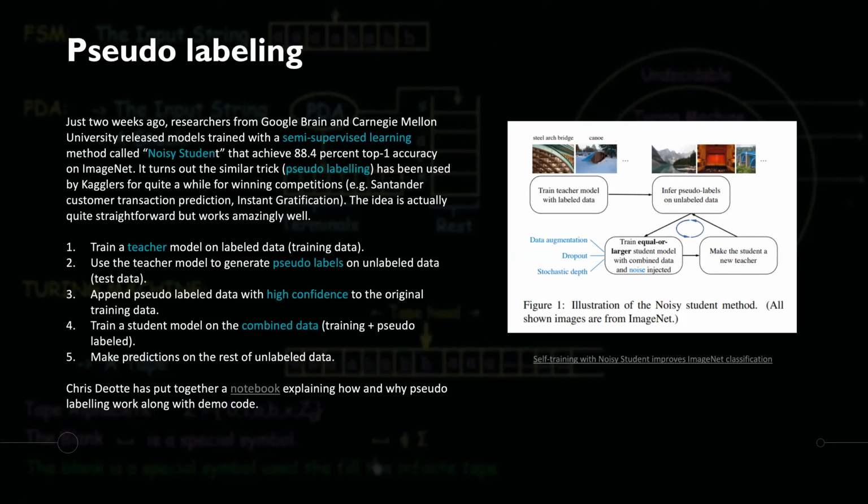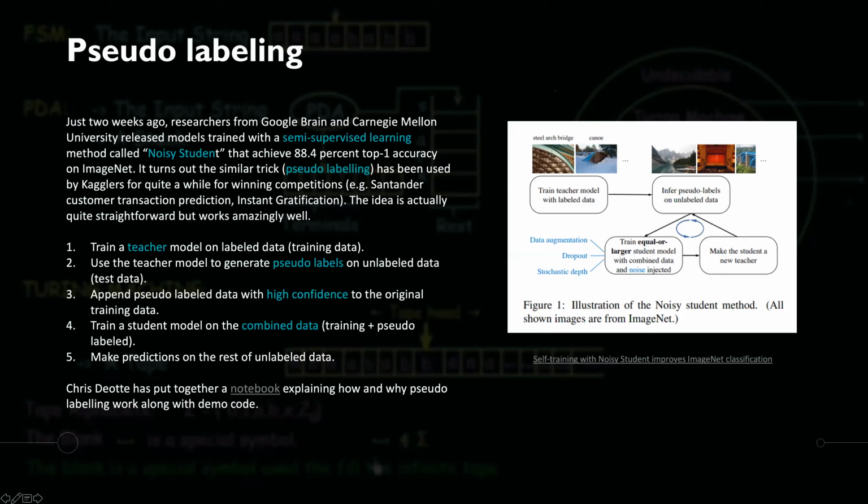Next very useful technique is called pseudo labeling at Kaggle. But it's basically the same idea as what was just released by Google Brain.